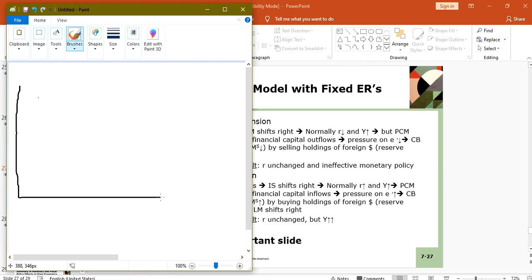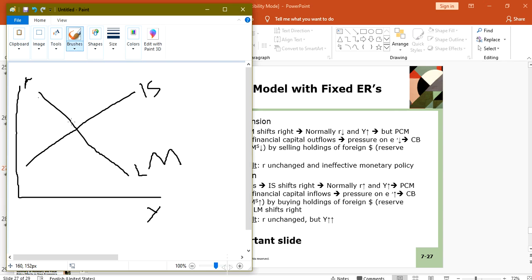Let's say this is Y and this is R, the interest rate. Here is LM and IS.